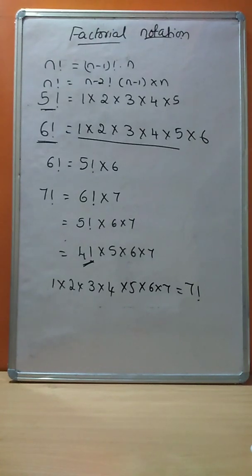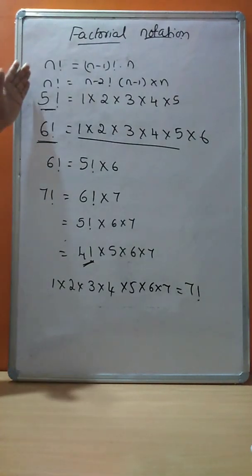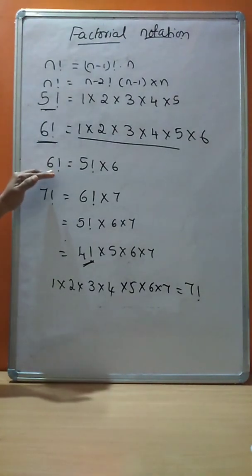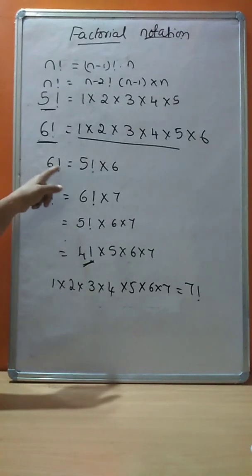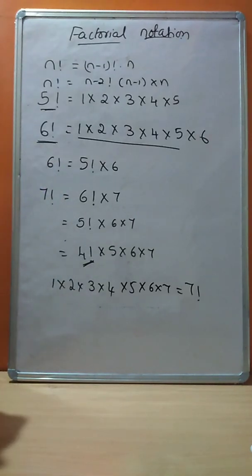If you know this, we can easily understand the permutations. So first you have to write properly how to expand the factorial notations. Okay. Clear?